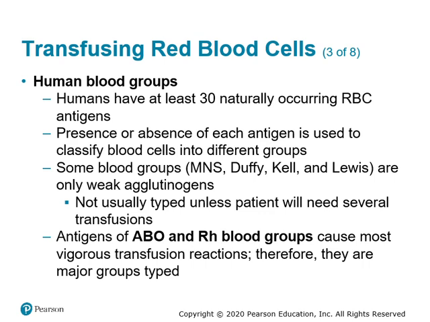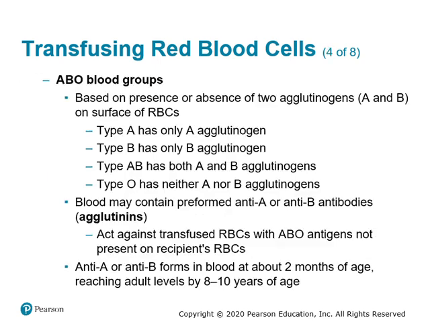These are really weak agglutinogens, though, and less likely to cause a clumping or fatal transfusion reaction. So unless a patient needs several transfusions, we don't usually type these. But what we do type are the ABO antigens and the Rh blood group antigens, because they cause the most vigorous transfusion reactions. Therefore, they're the major groups typed.